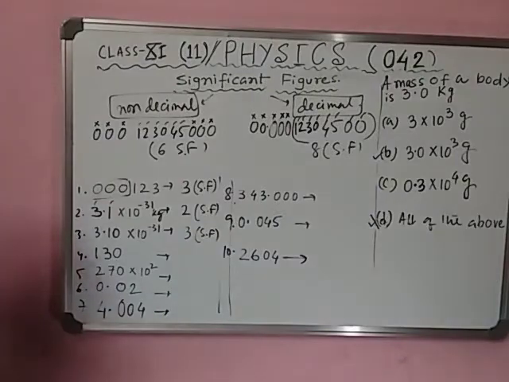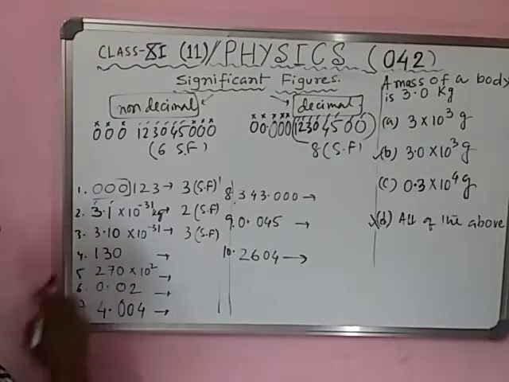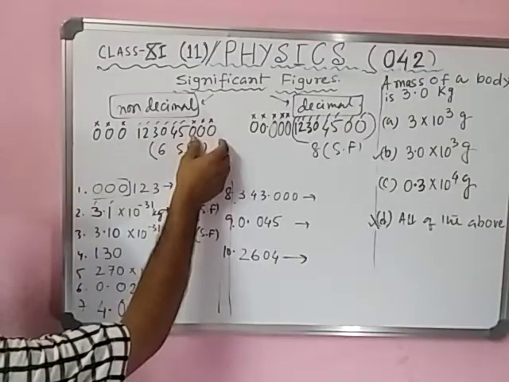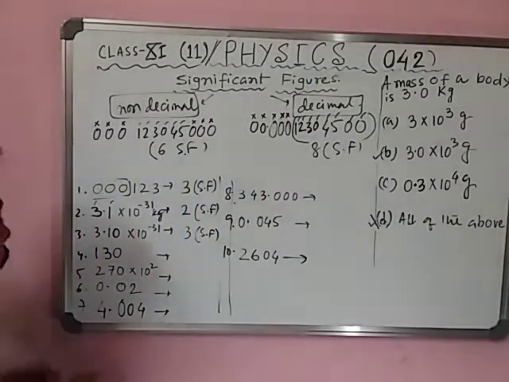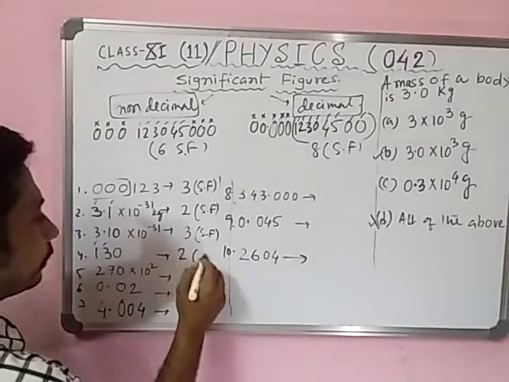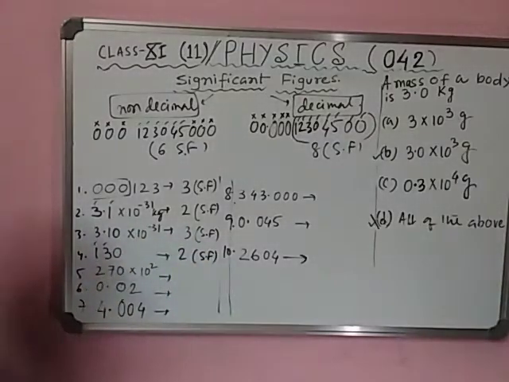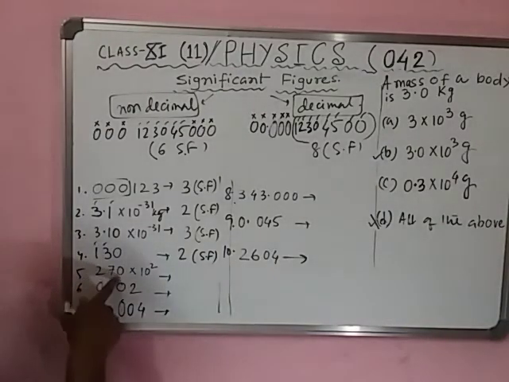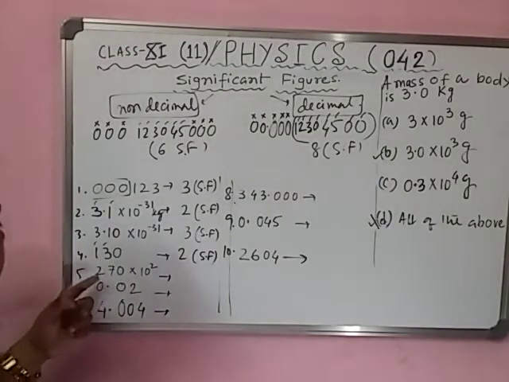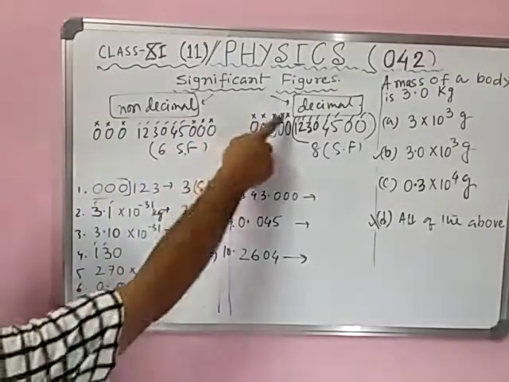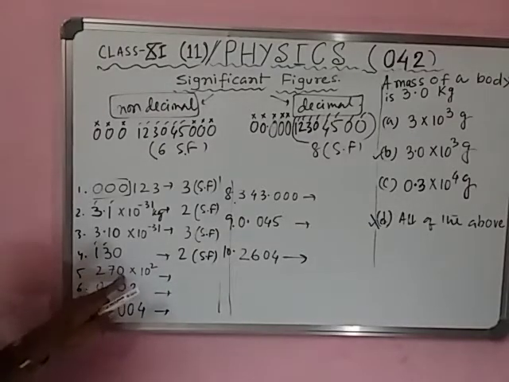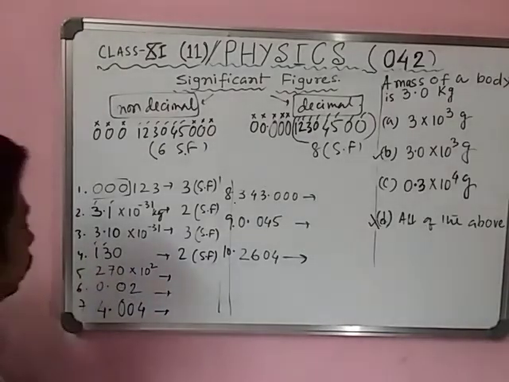In number 4, 130, how many significant figures are there? 3? No, 2 significant figures. The last zero you have to cancel, so only 1 and 3, 2 SF. Number 5, 270 into 10 to the power 2. It means 270, which is a non-decimal number, so you count only the 2 and 7. So there are 2 SF.